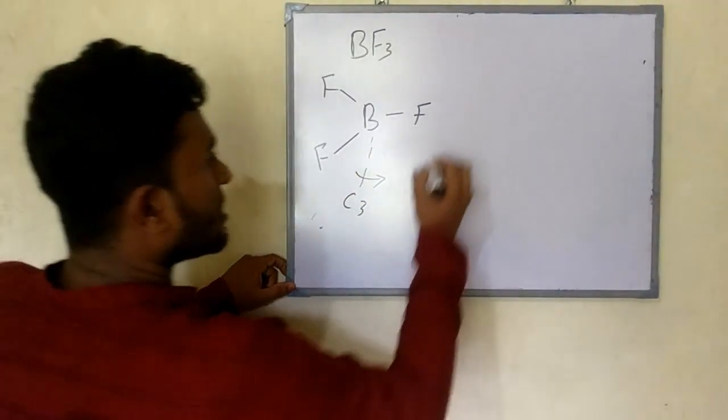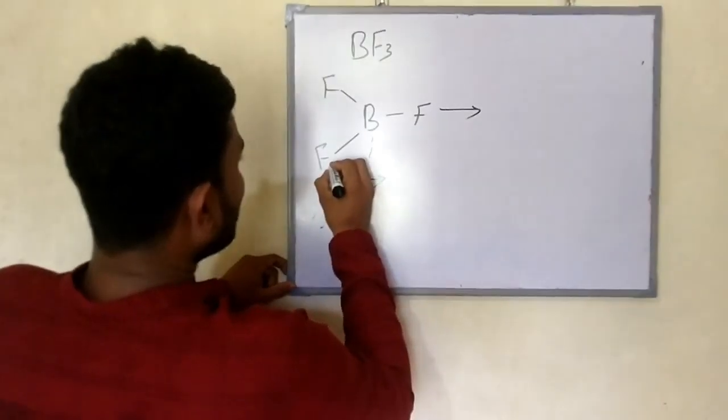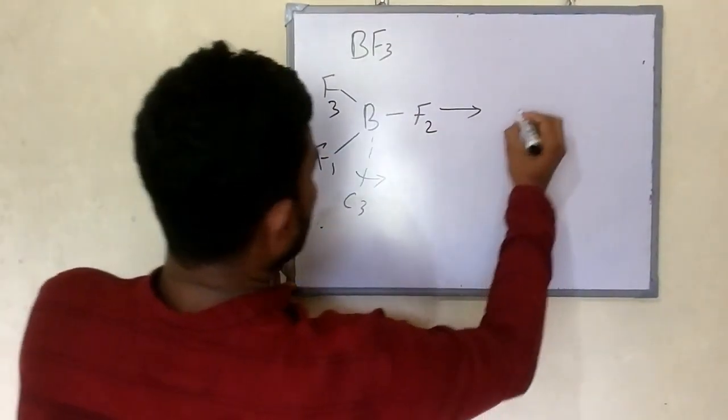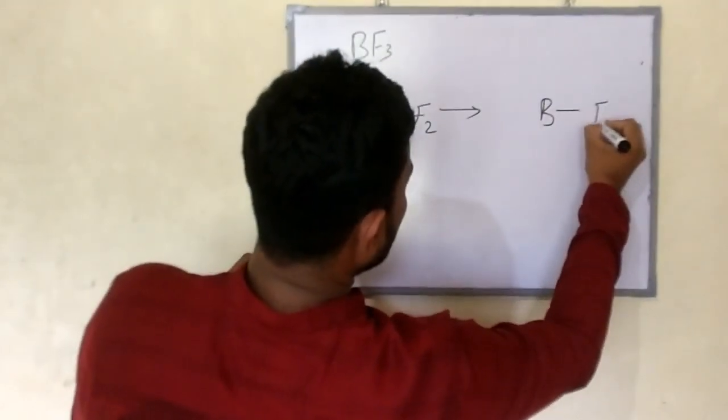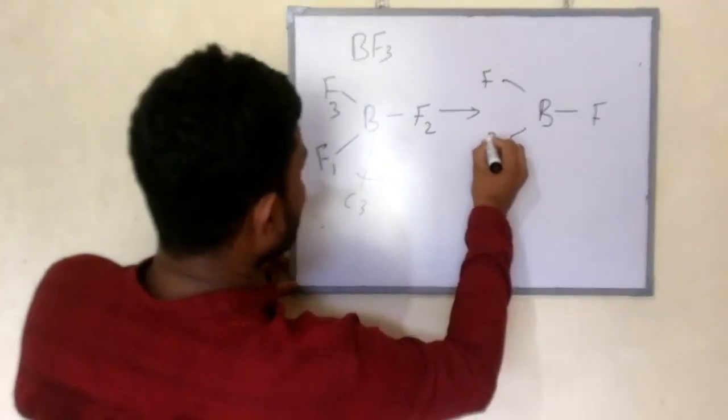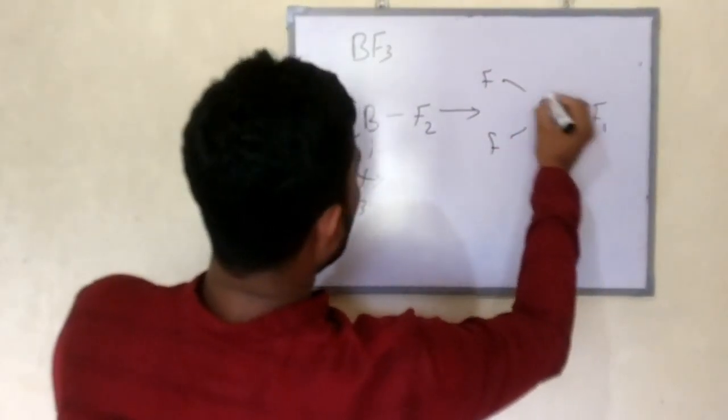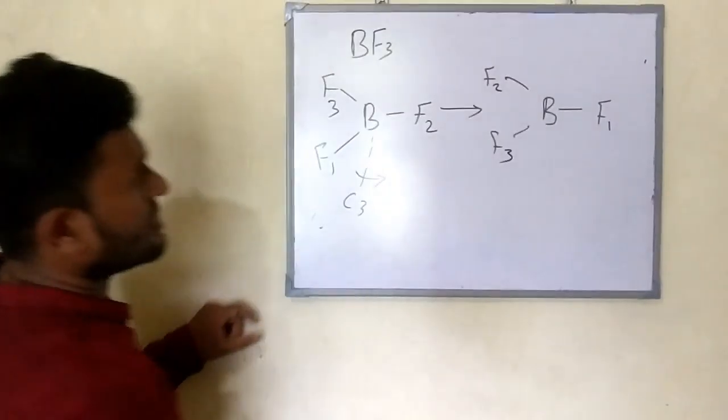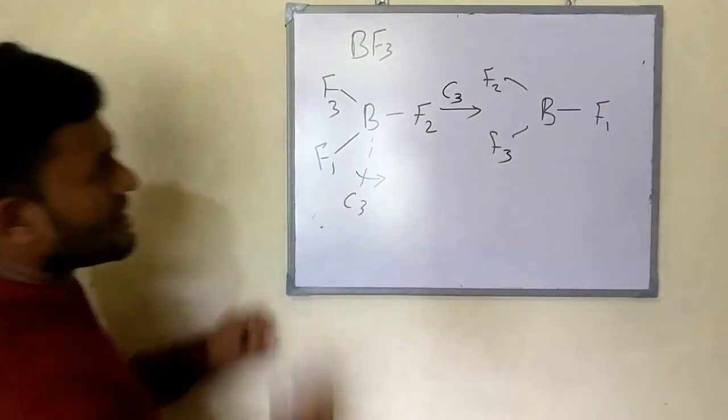If you rotate the molecule, you may get it like this: F1, F2, F3. So this is your C3 axis.